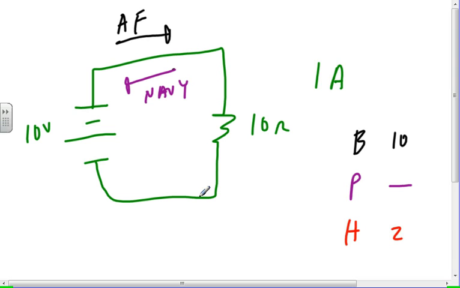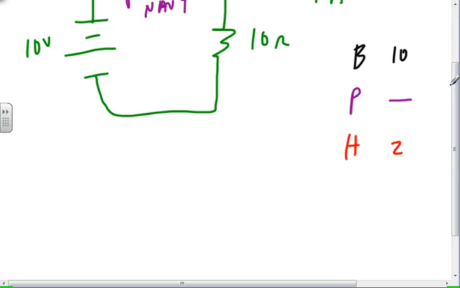Neither. Okay, so the guys that make the decision which way current is flowing is IEEE. The Institute of Electrical and Electronics Engineers, about 500,000 of them, and they get to decide.